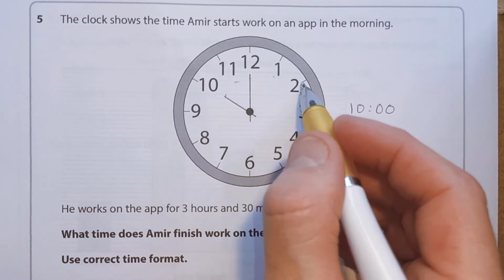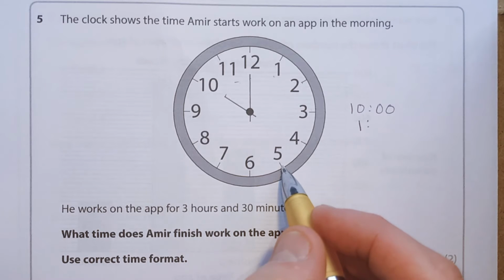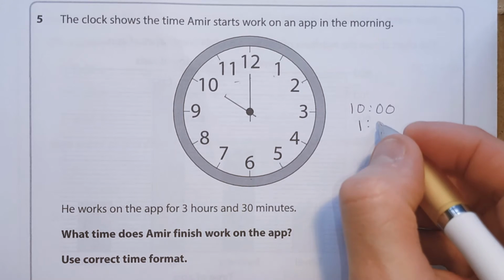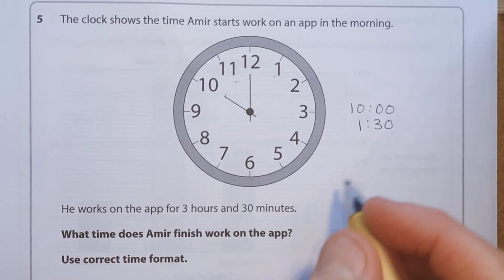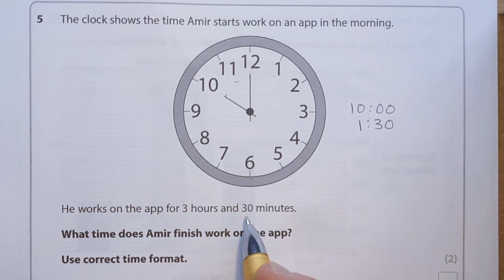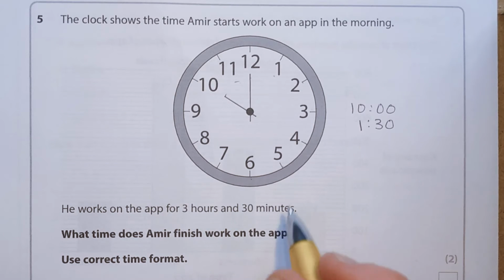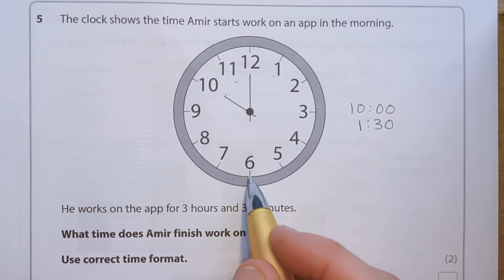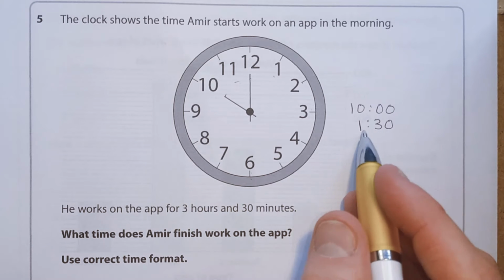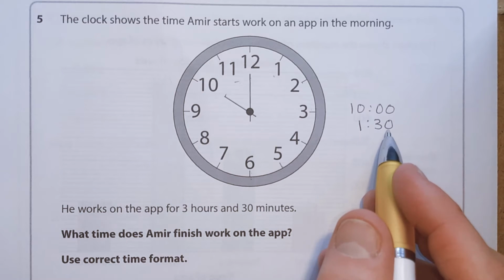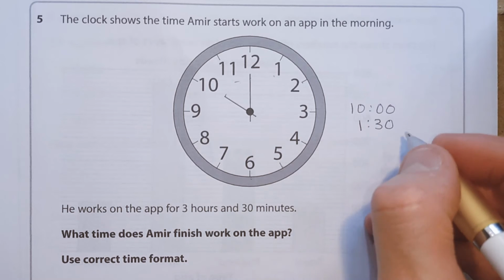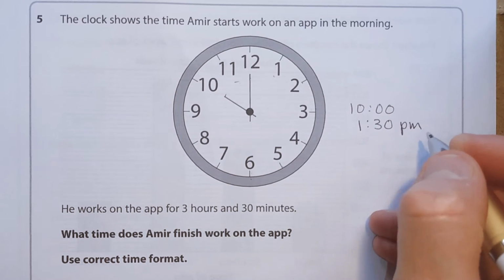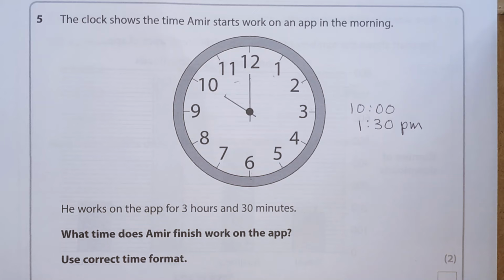So 5, 10, 15, 20, 25, 30. So it's going to be 1:30. Or you could think 30 minutes is half of an hour. Half of an hour, I'll be pointing down here. Okay, so it's 1:30, but it's going to be in the afternoon now because he started in the morning. So we can write 1:30 p.m.